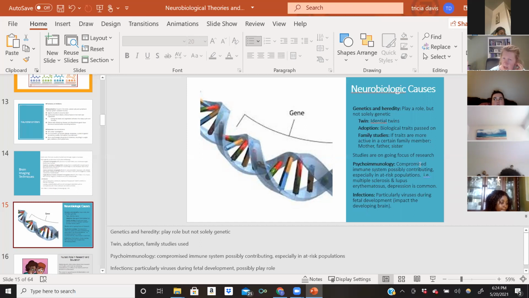So psychoimmunology, this is when a person has a compromised immune system that could possibly contribute to depression. So there's a big link between patients who have multiple sclerosis, lupus. There's a couple other immunocompromised diseases that are directly related to depression.